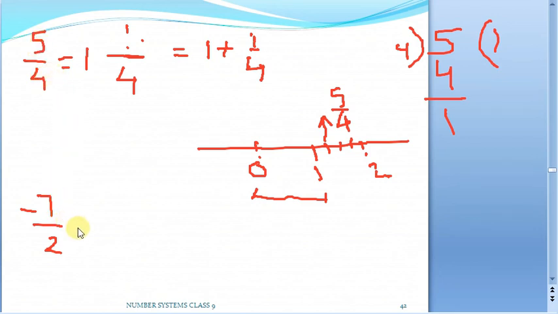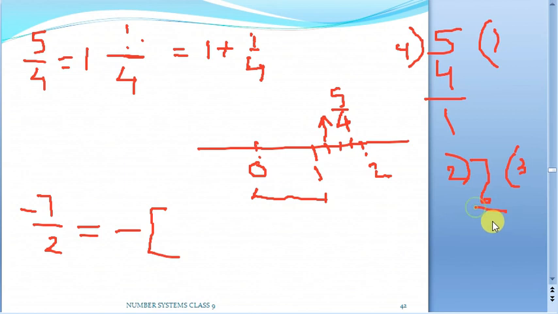Now what if the same thing has a negative sign in front of it? The same way as in the earlier part, we will take it in the left direction. How exactly will we do it here? Forget this negative sign for a while. Write it like this and divide this 7 by 2. 7 divided by 2: 2 3s are 6 and our remainder is 1.